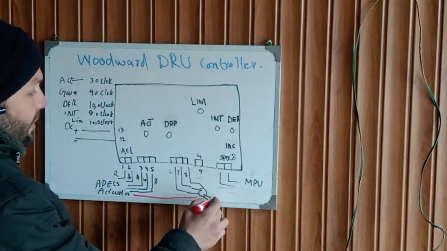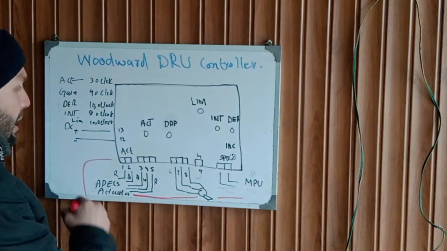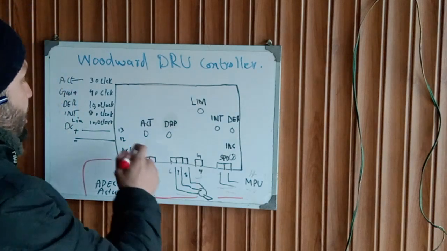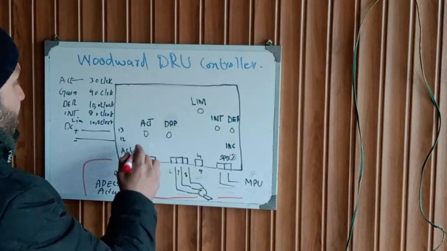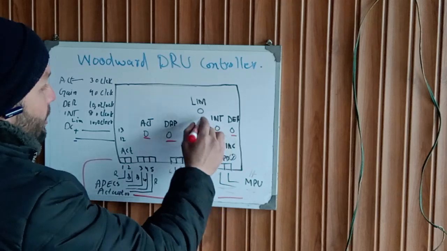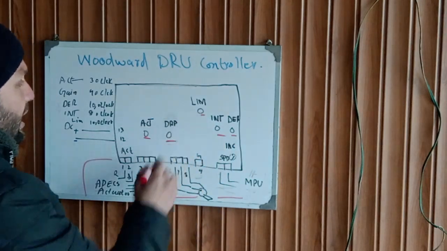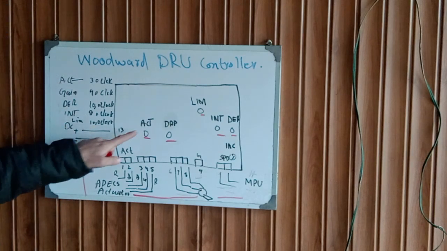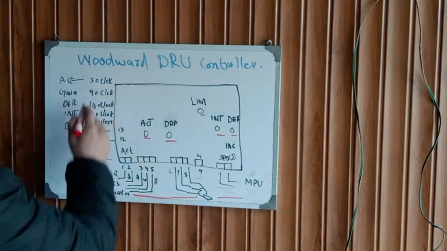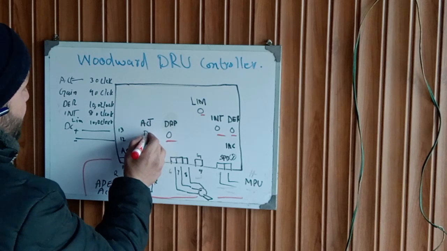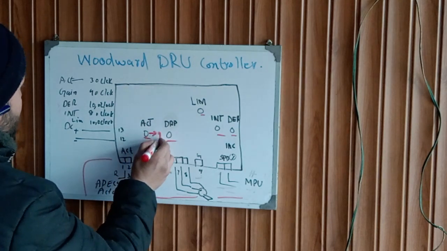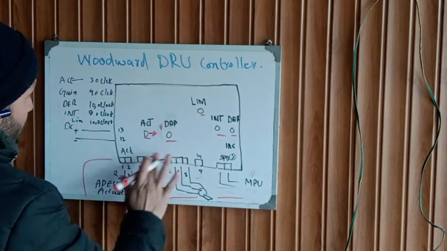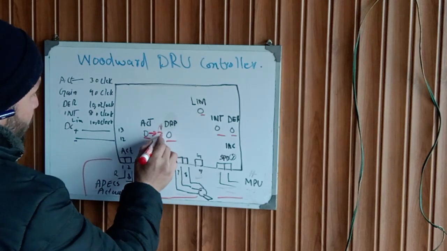After you finish the wiring, you need to set the parameter set points. These are all small potentiometers, like variable resistors. This one is the actuator. You need to set this one to 3 o'clock.